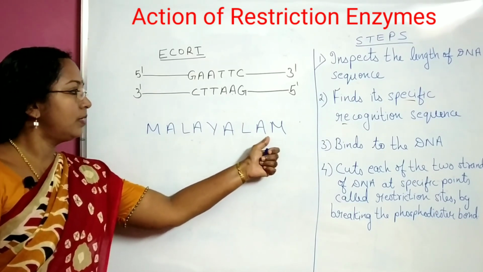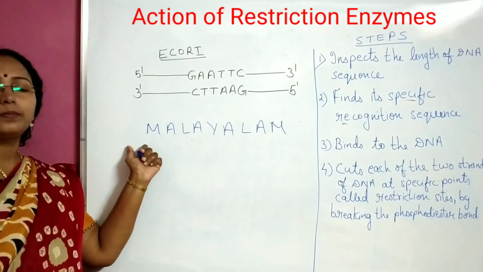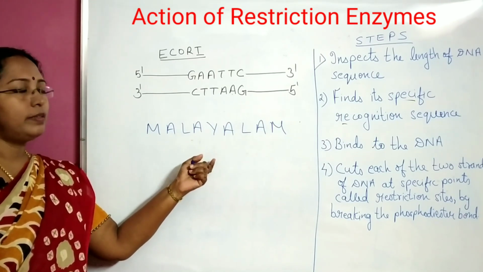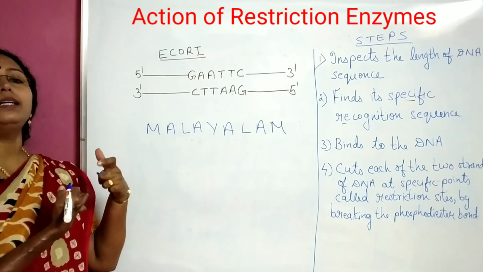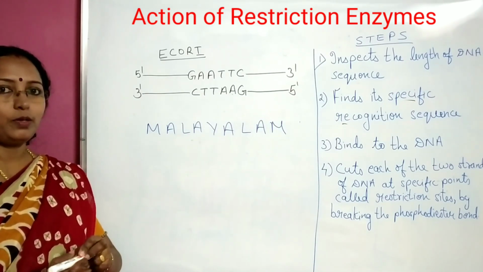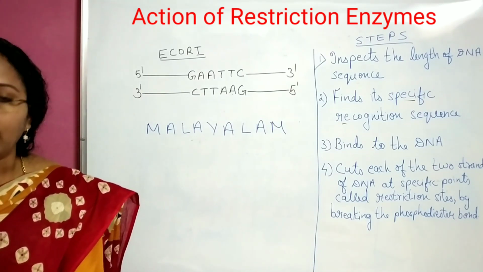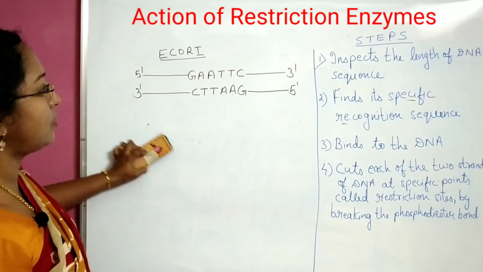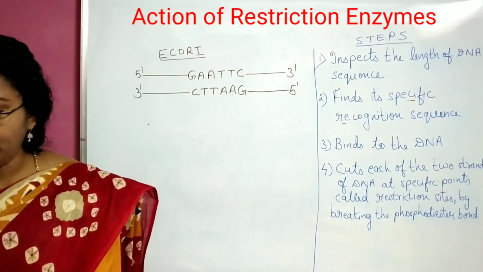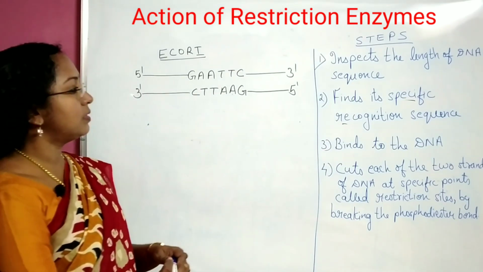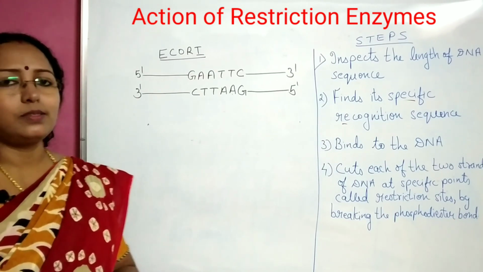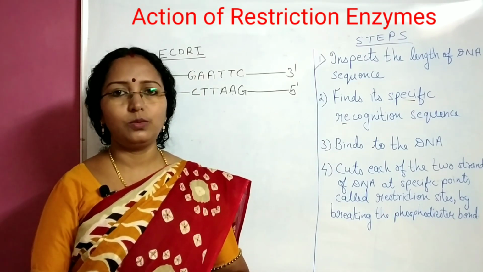You read from here, Malayalam. Language of Kerala. The reading frame is same when you read from the other direction. So this is an example of a palindrome. Same way, our EcoRI has a recognition sequence that is a palindrome. So I hope you understood the meaning of a palindromic sequence.